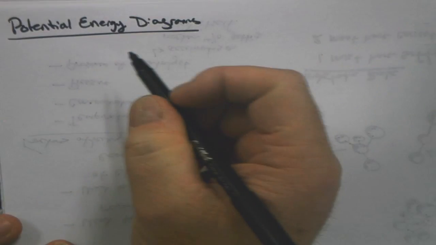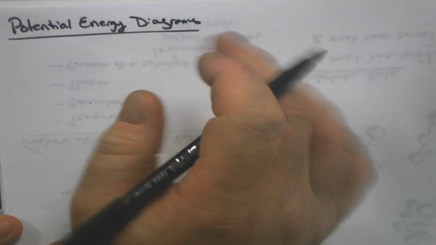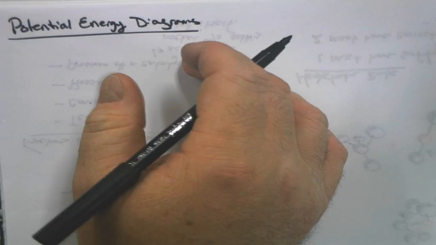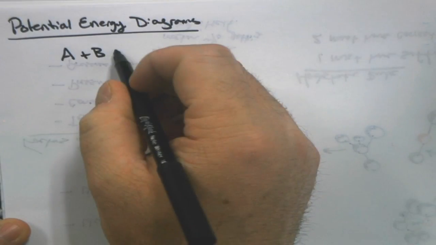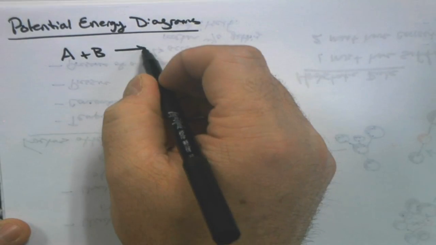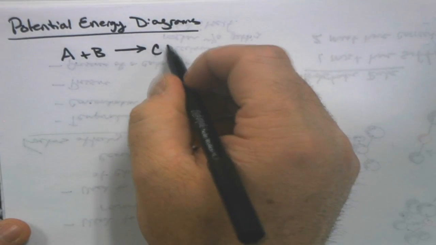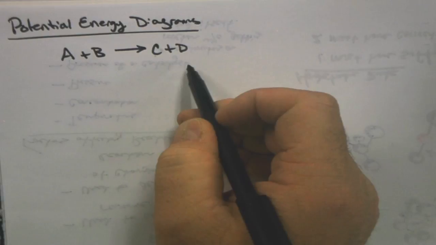We have a fictional reaction going on. It is A plus B makes C plus D. Okay, we have two reactants and two products.